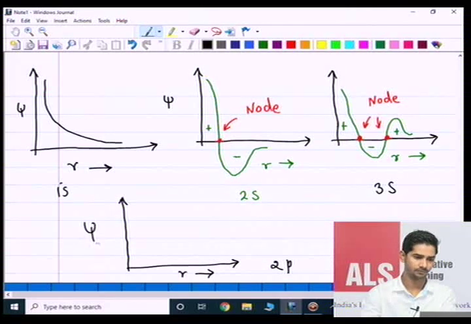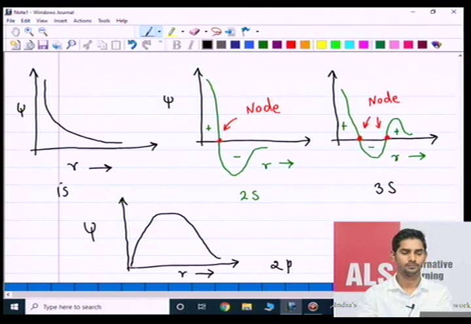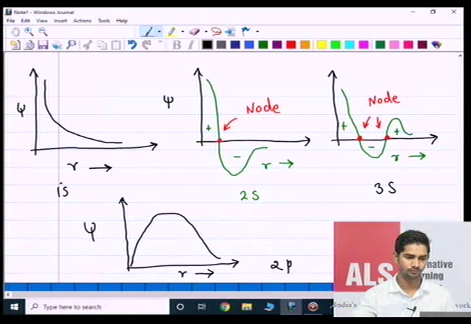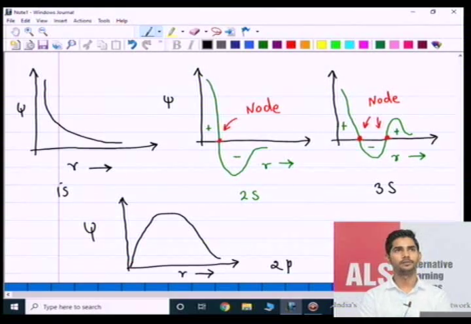This is psi. So 2p looks like this. Please copy, and after copying that, confirm.